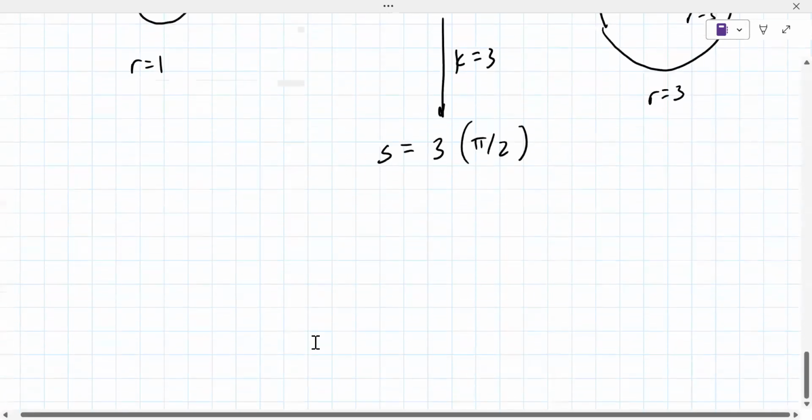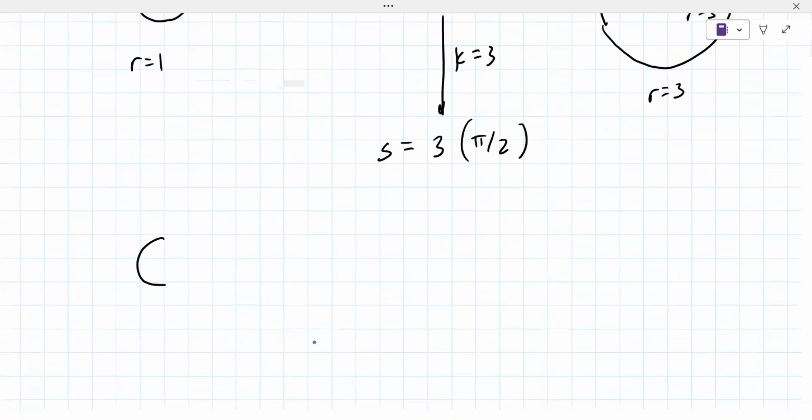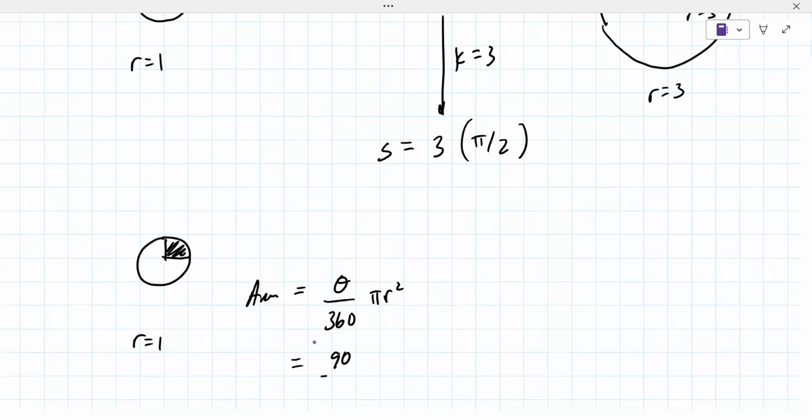So we might want to do the same kind of calculation. Again, if it's got a radius equal to 1, the area of the sector is the angle out of 360 times pi r squared. So in this case, it's 90 degrees out of 360 times pi times 1 squared, which is 1/4 pi. So in other words, that's the area of one of the sectors of the circle.